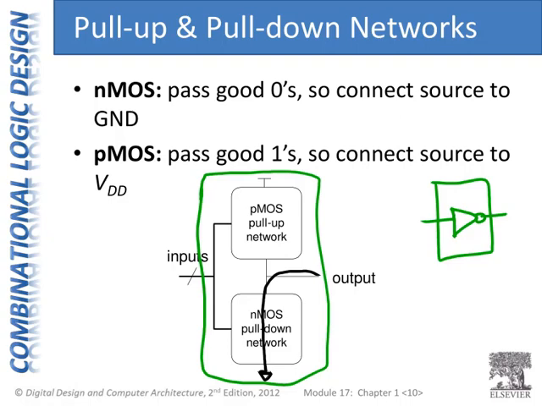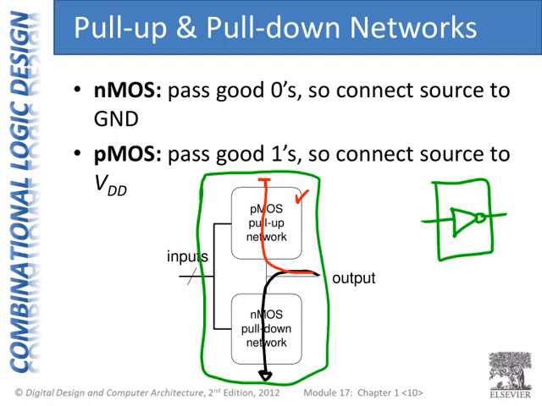The pull-up network gives us a path to VDD, pulling the output up to 1. We only have NMOS transistors in the pull-down network because they pass good zeros. PMOS transistors, on the other hand, do not pass good zeros. Conversely, PMOS transistors pass good ones, and so they belong in our pull-up network.